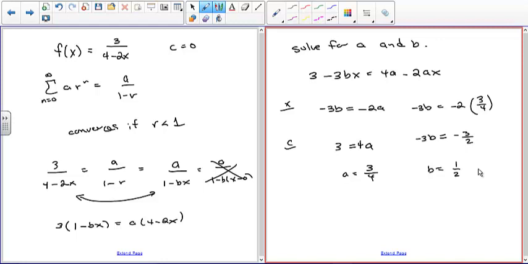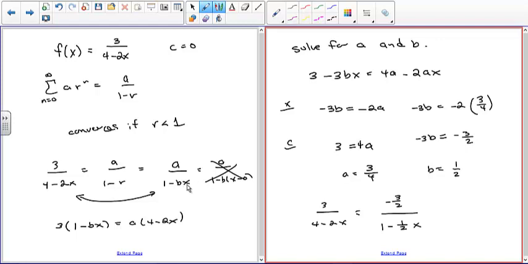So what that means is now I can go back and say that 3 divided by 4 minus 2x is equal to negative 3/2 divided by 1 minus 1/2 x.